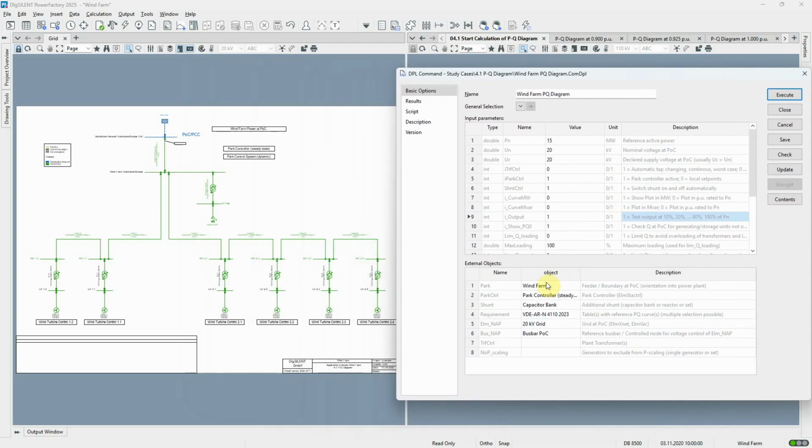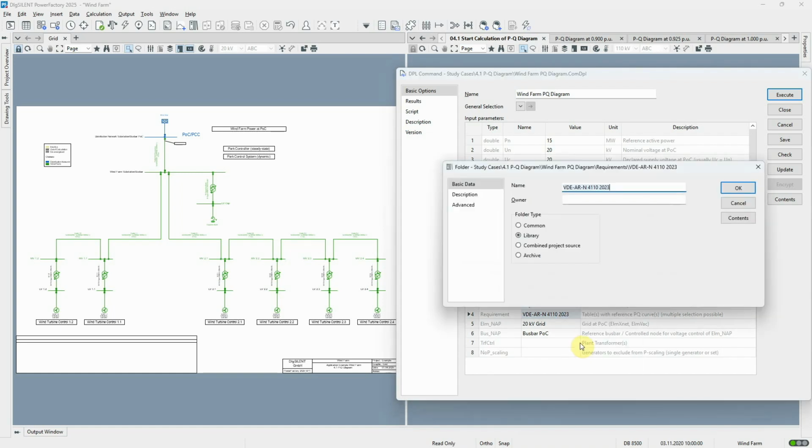In the External Objects pane, this feeder element defines the wind farm. The requirement object is critical as it provides the requirements against which the wind farm should be assessed. The selected object can be a single requirements matrix or a folder that contains a set of matrices for different voltage levels.